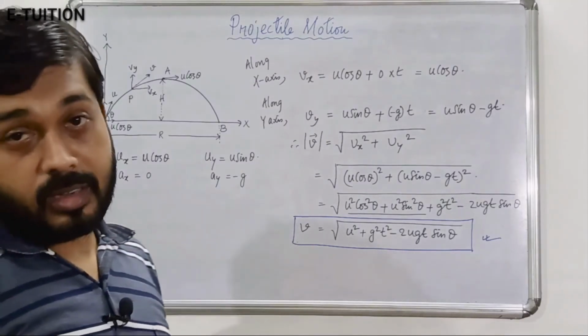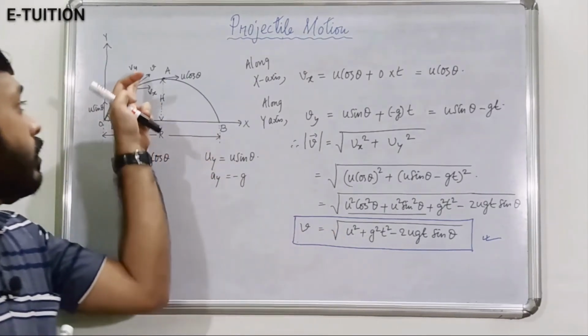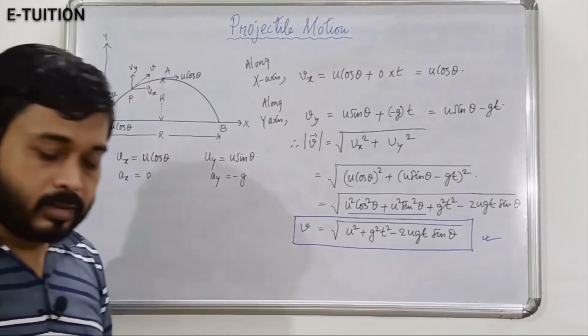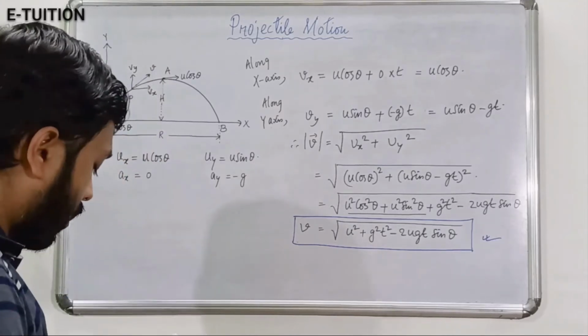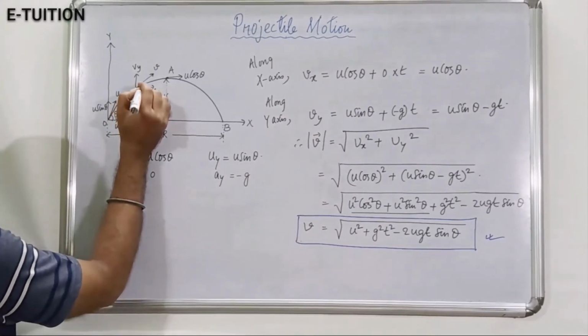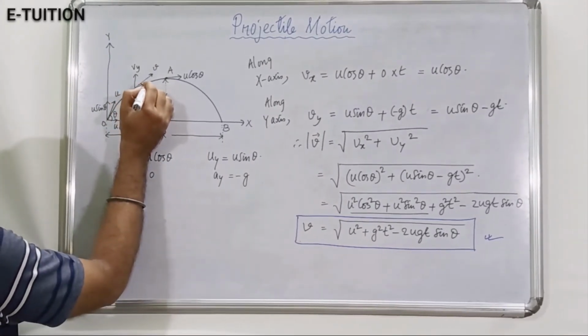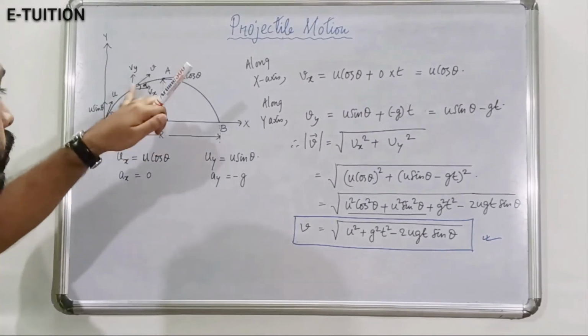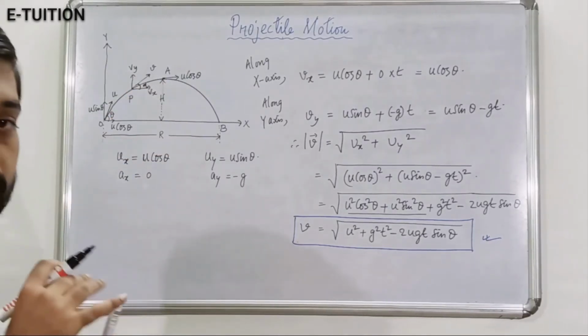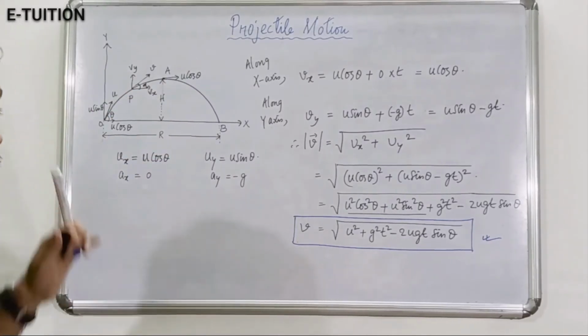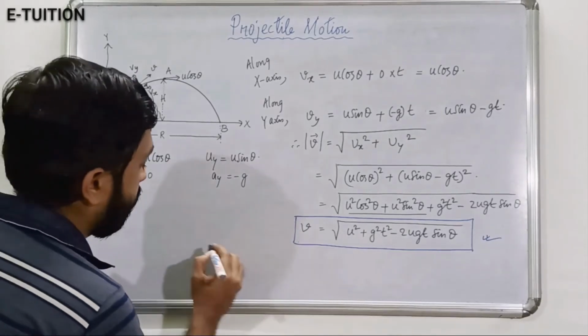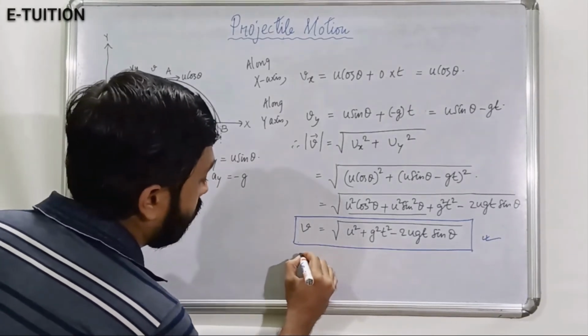And the angle at which the velocity v is with the x-axis: if we assume that this angle of inclination is alpha, the angle made by the velocity with the horizontal direction, then how much is alpha? You can easily understand.